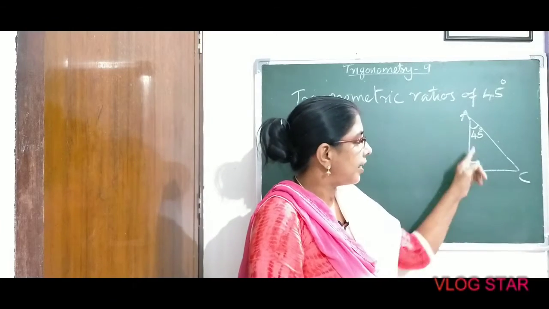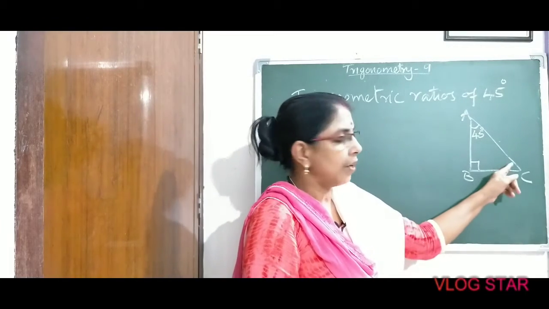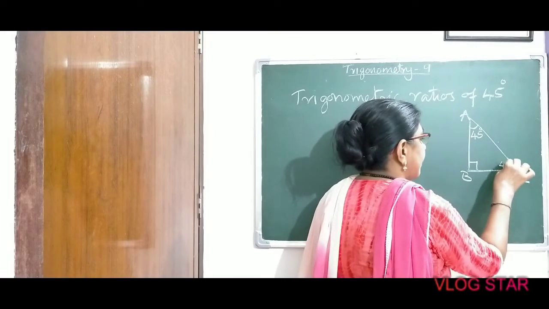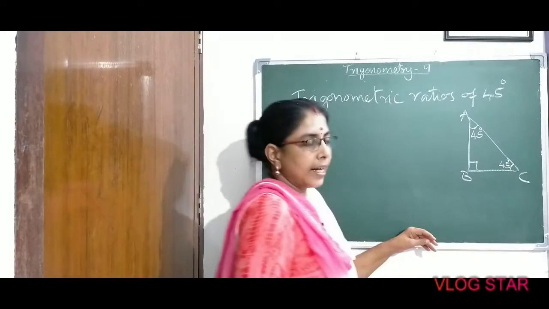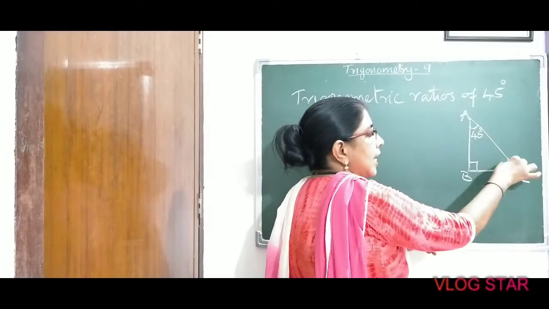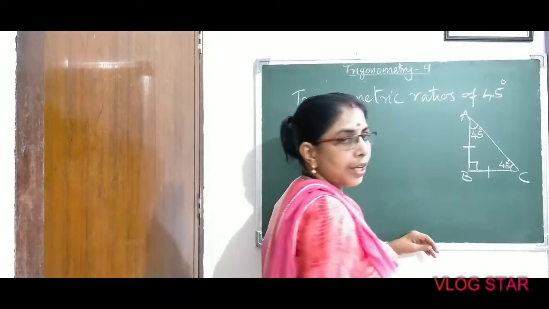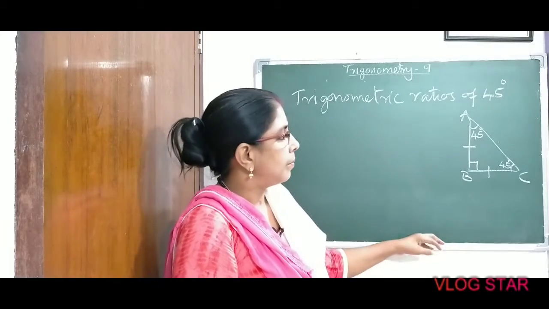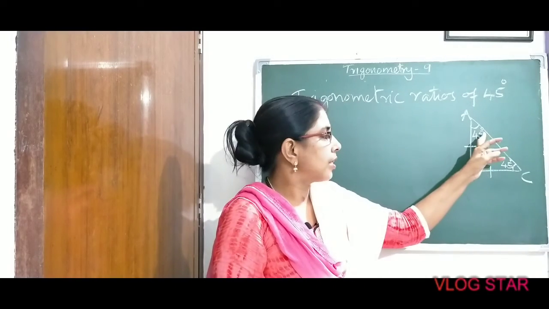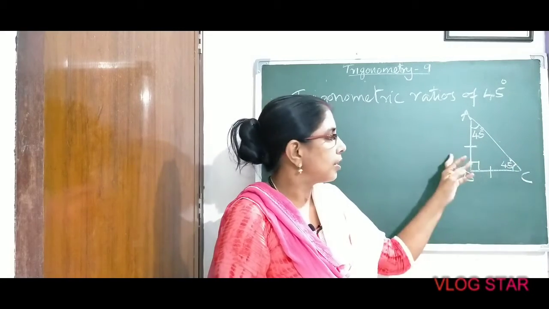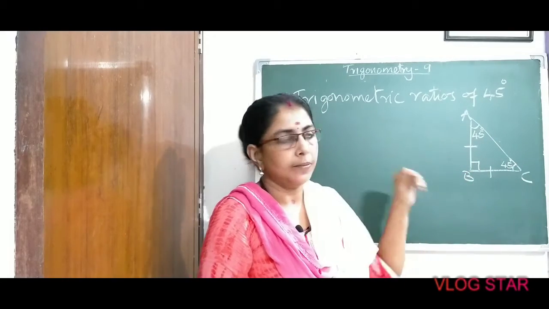Therefore this is 90, this angle is 45, therefore C must be 45. In a right triangle these two angles are equal. Therefore these two sides are also equal, because by the isosceles triangle property, if these two angles are equal, the corresponding sides are also equal.